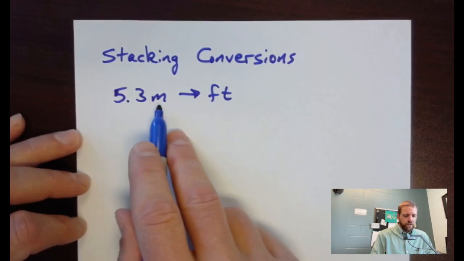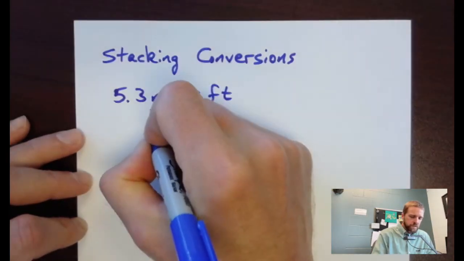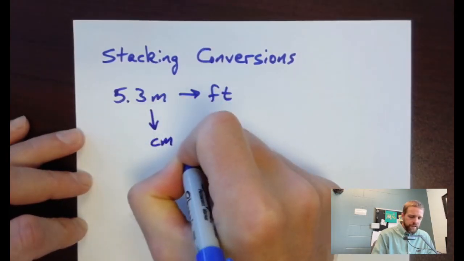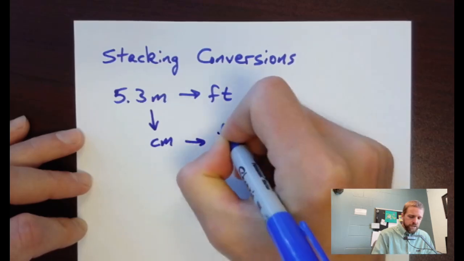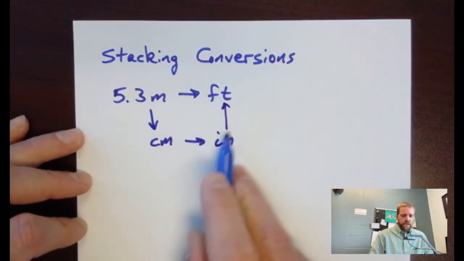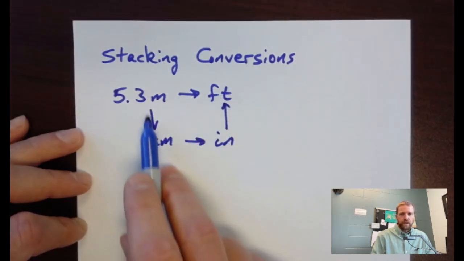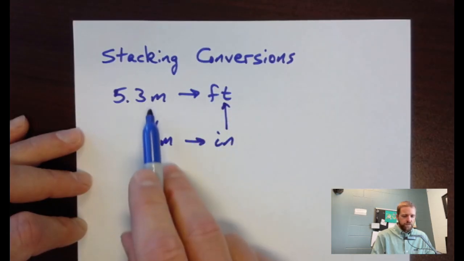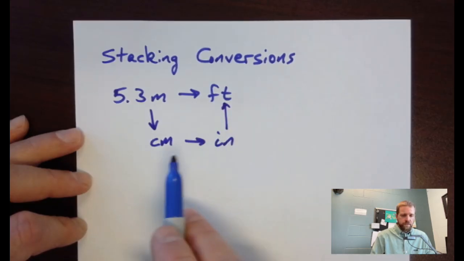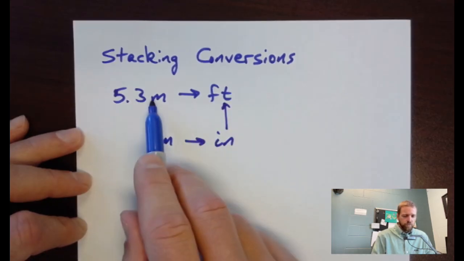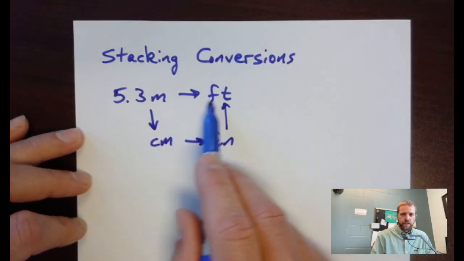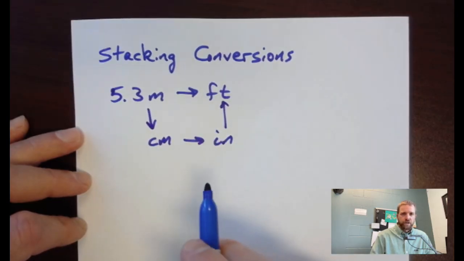So if I go from meters to centimeters, and then centimeters to inches, and then inches to feet, I can go from meters to feet. So kind of mapping out the conversions so that I can get from where I am to where I want to be through a path that I know.